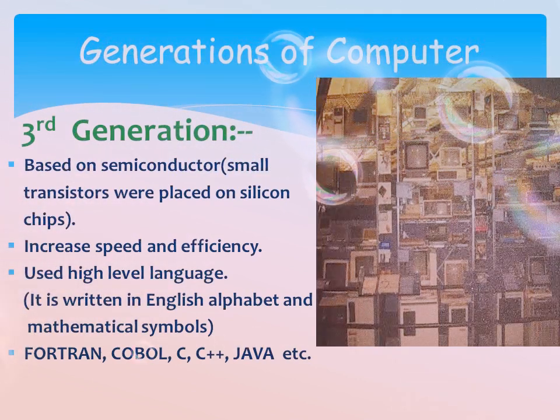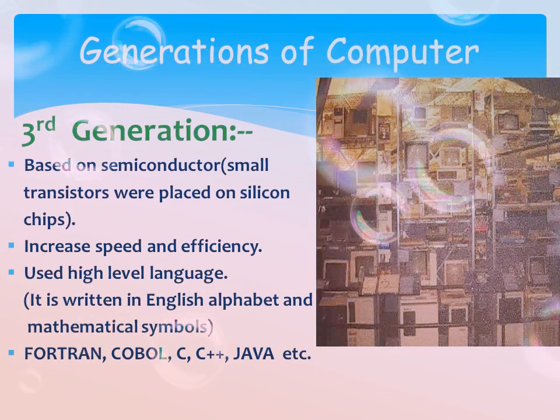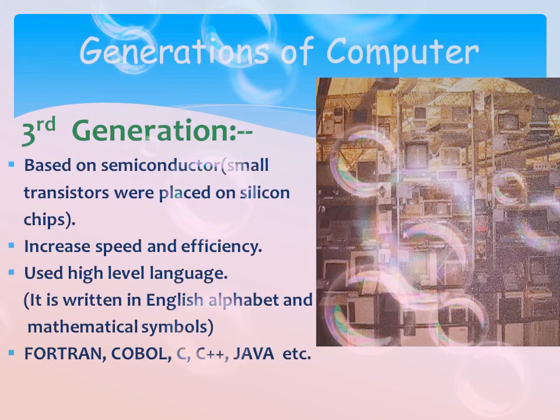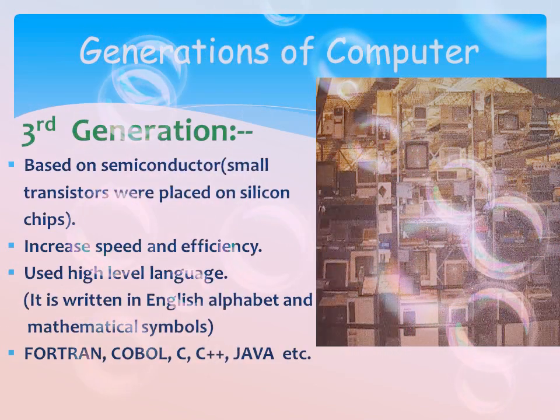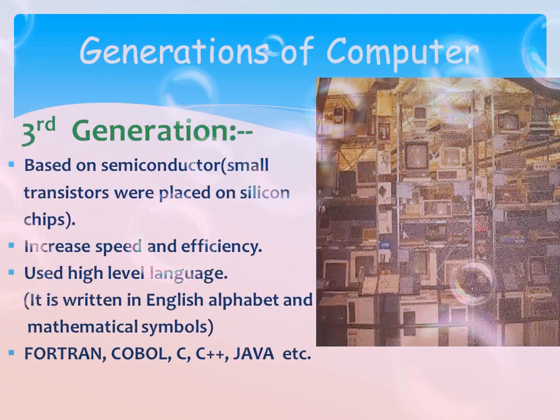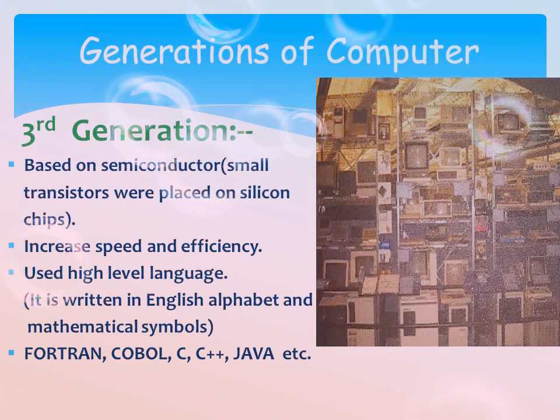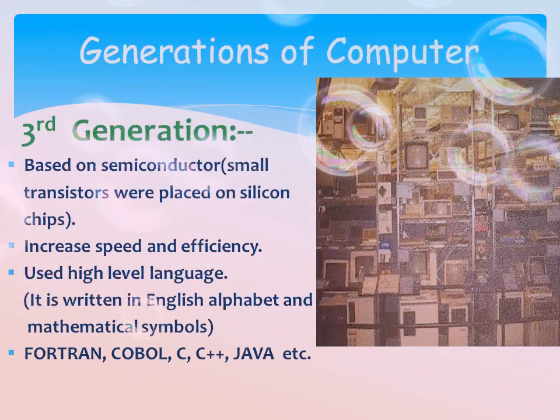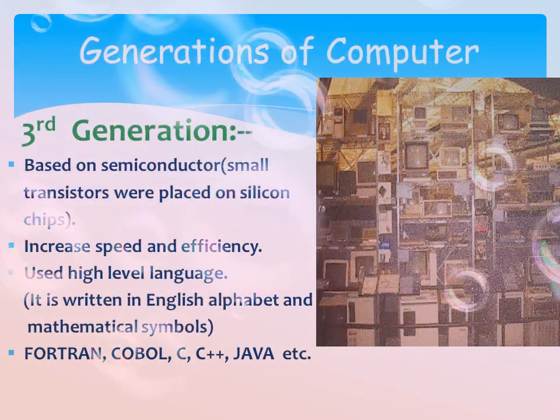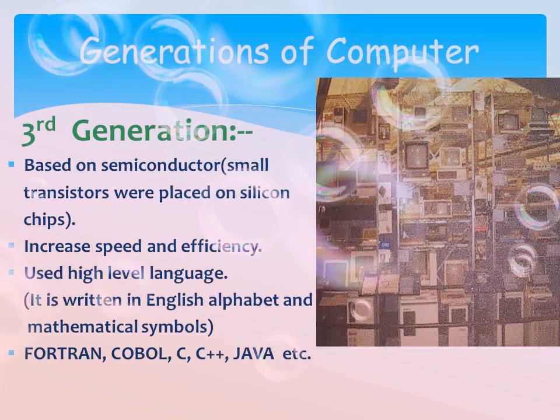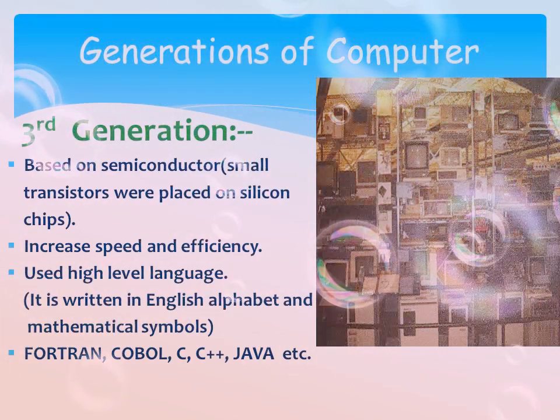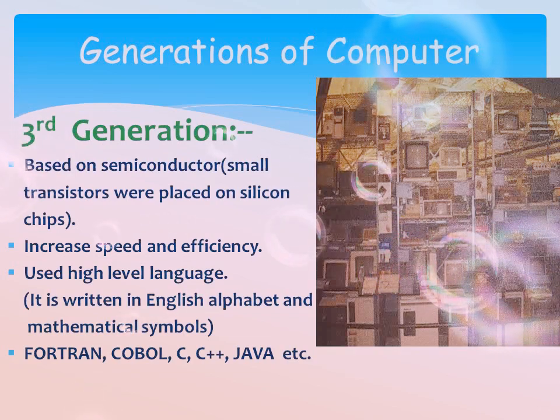So the third generation computer is much faster and much more efficient than the second generation computer. The third generation computers were based on high level programming languages. The high level language uses English alphabets and mathematical symbols. It is easy to use and understand. It is not machine dependent.